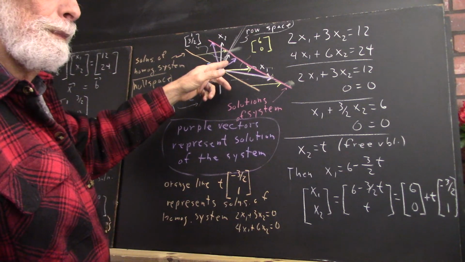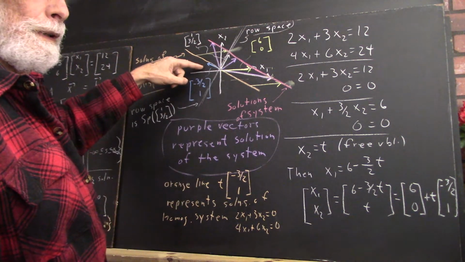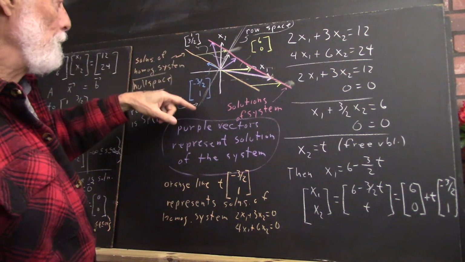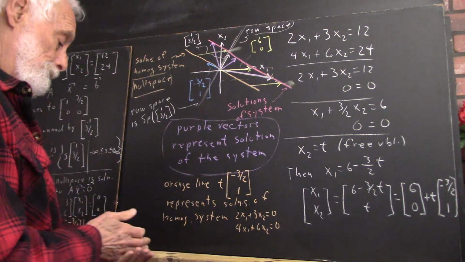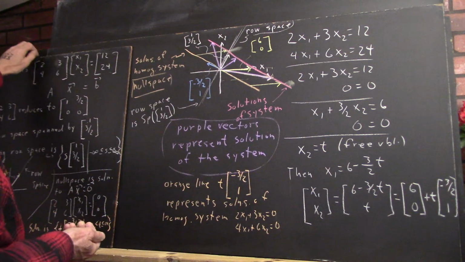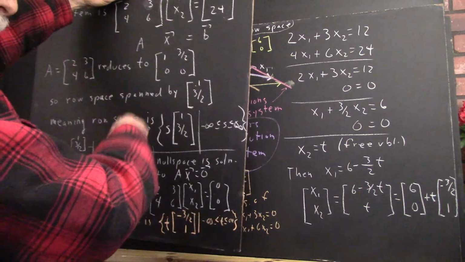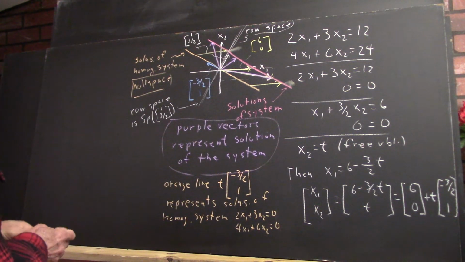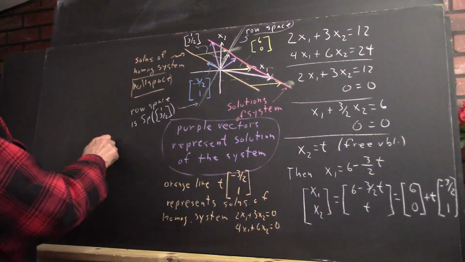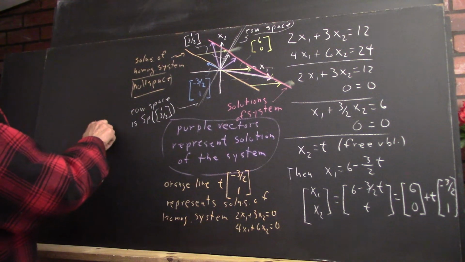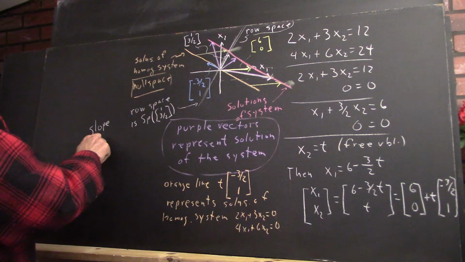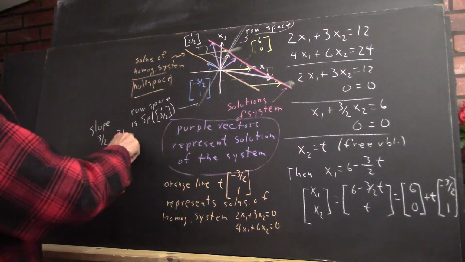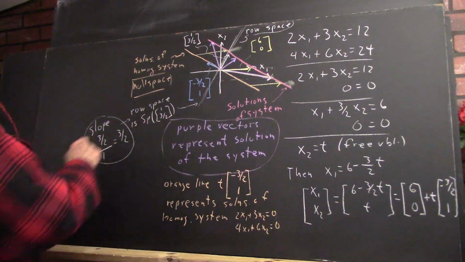So the slope is 3 halves. That's your slope of the row space.